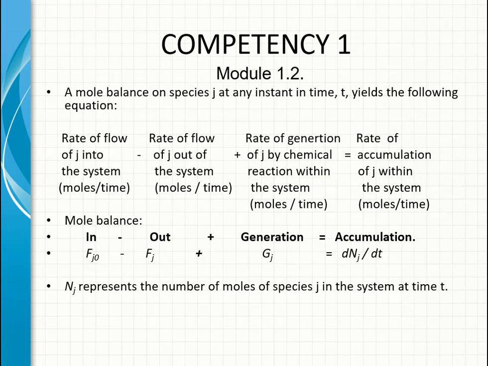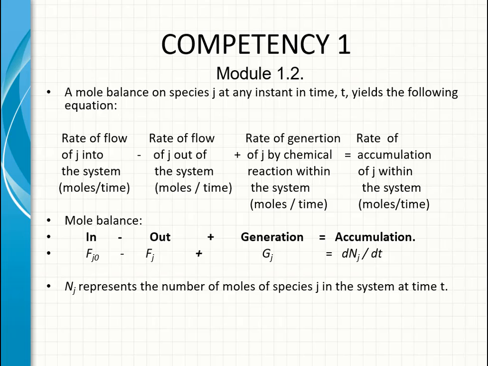The rate of flow of J into the system in moles per unit of time, minus the rate of flow of J out of the system in moles per unit of time, plus the rate of generation of J by chemical reaction within the system in moles per unit of time, is equal to the rate of accumulation of J within the system in moles per unit of time. So we will have that in minus out plus generation is equal to accumulation.